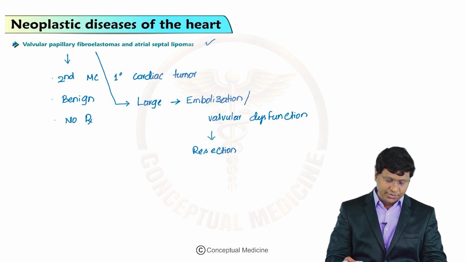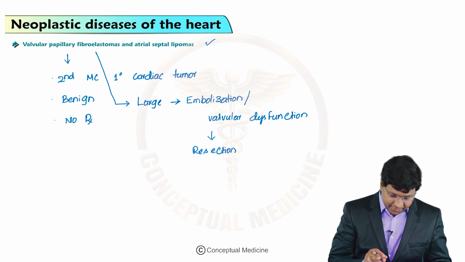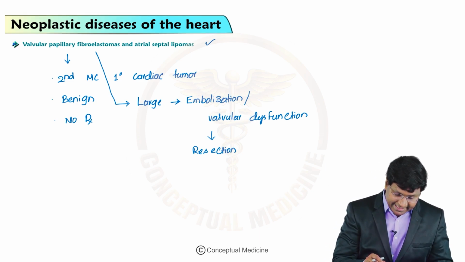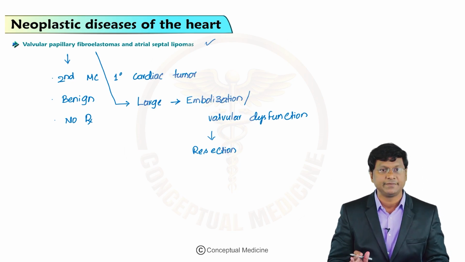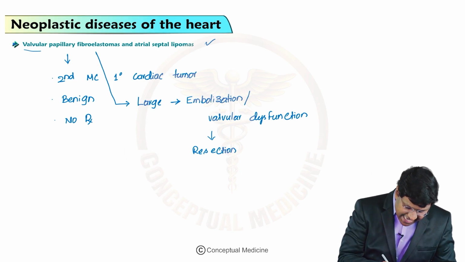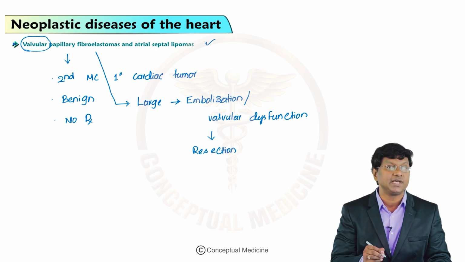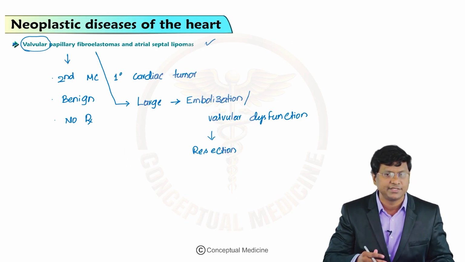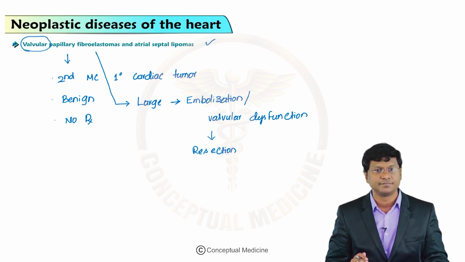So that is about valvular papillary fibroelastomas and atrial septal lipomas. As the name tells you, valvular papillary fibroelastomas are tumors originating from the valve.